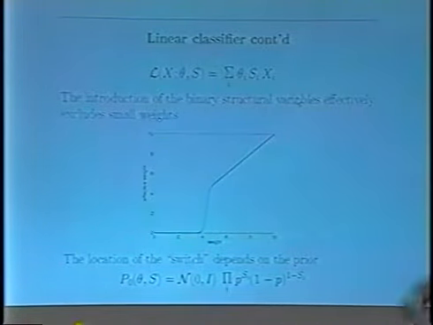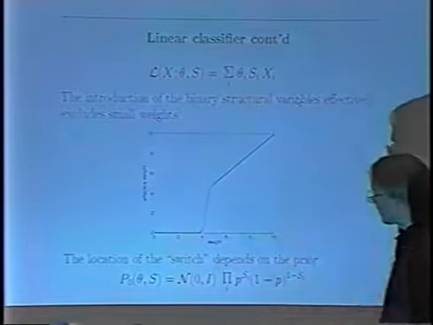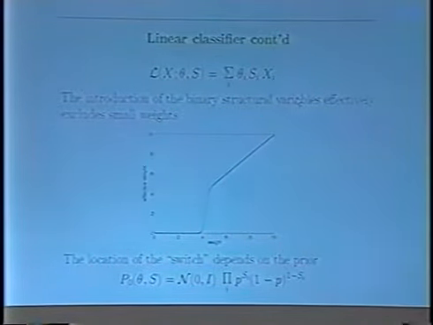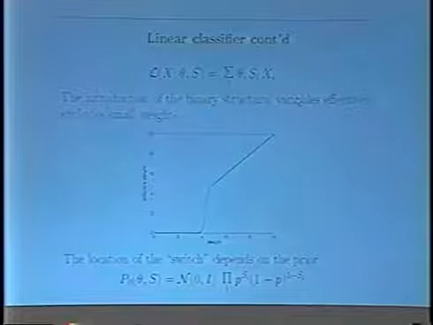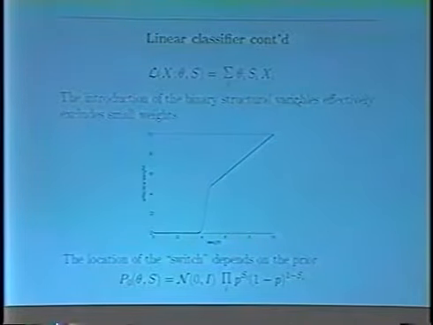And the location of where the switch happens depends essentially on your prior belief about how frequently these features are really on or off. It almost seems counterintuitive to the regularization approach, where you want to penalize large things, right?